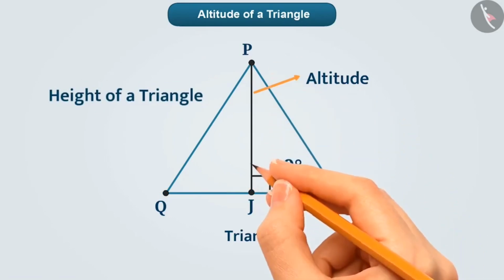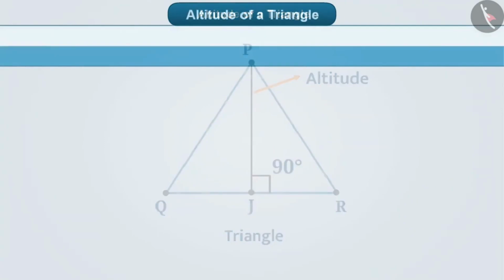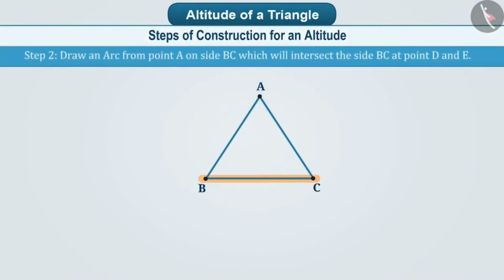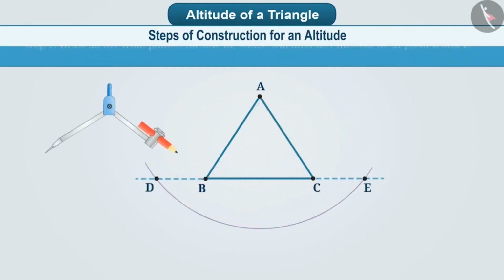Now let's learn the method of making altitudes. Step 1. Suppose we have to draw the altitude to the side BC from vertex A in triangle ABC. Step 2. For this, we will draw an arc from point A to the side BC by taking a convenient radius in the compass, which will intersect the side BC at points D and E. If necessary, you can extend the opposite arm from the vertex.